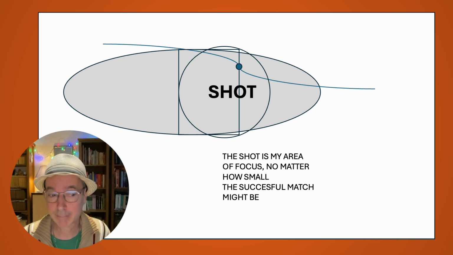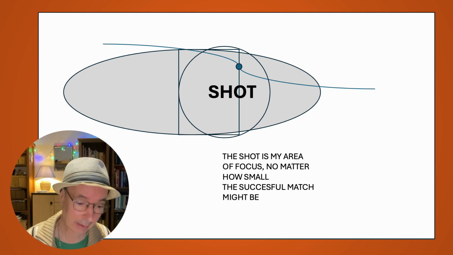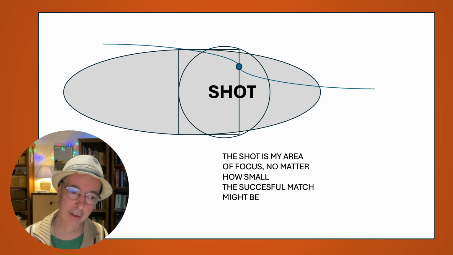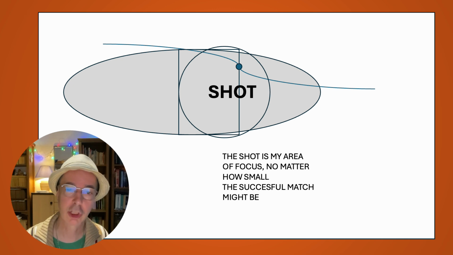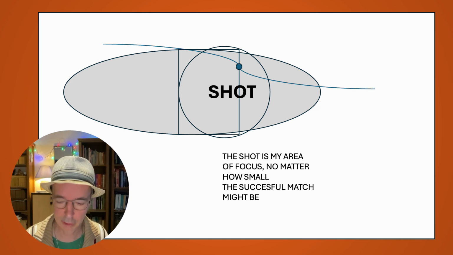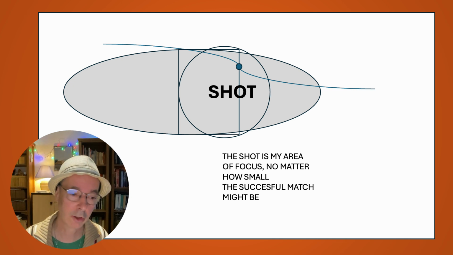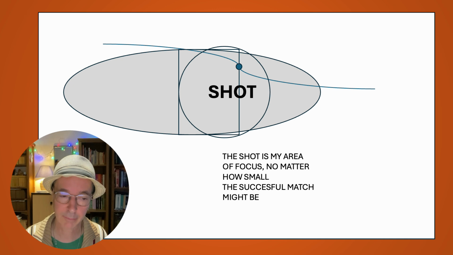The shit was an insertion into my focus, of course, but the shot, that's the full focus. That's where my successful match might be. Doesn't matter how large or small it is with shit. It's a very short moment. This is a shot of a description of my focus.